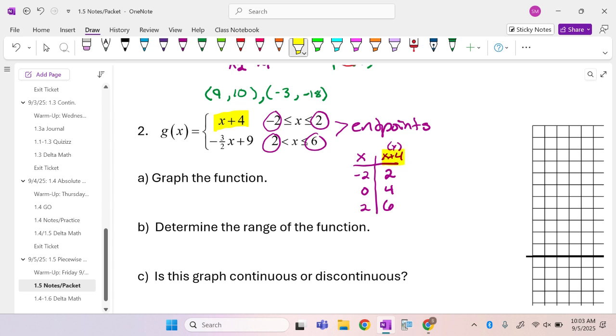Now, the other thing I need to know is what symbol is going to go on my endpoints. Open circle or closed circle. And what tells me that is the inequality that's connected to them. So remember, open circle is usually next to what type of inequality signs?